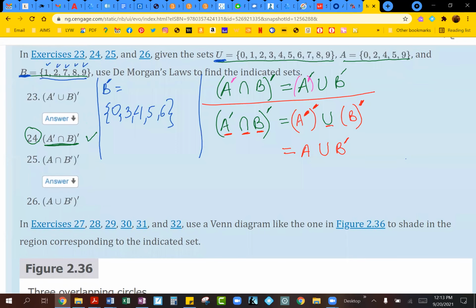All right, so we've got our B complement now. The last thing is to find our A union B complement. You can see our set A is right over here, 0, 2, 4, 5, 9. And then we already got our B complement. If it helps, you can rewrite the set A down. In terms of set notation, what is A union B complement going to look like?